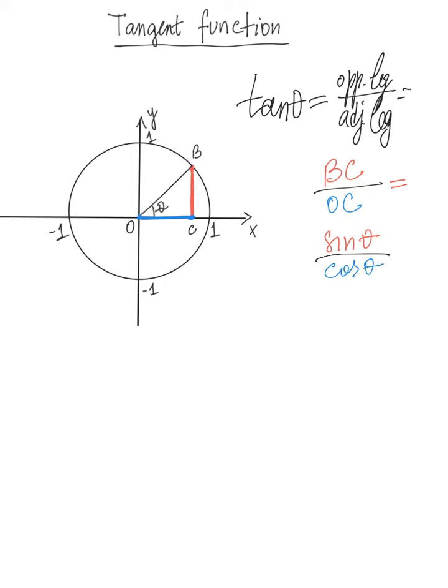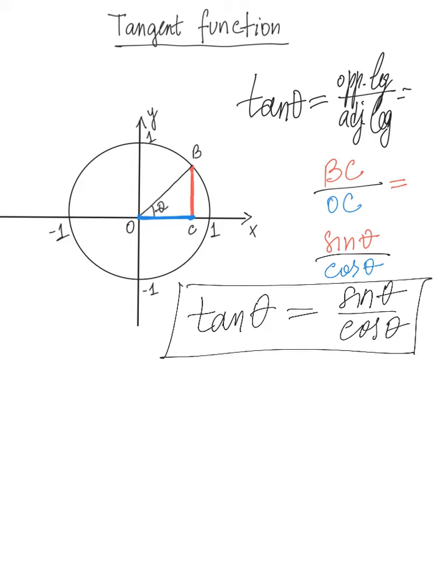So what we just showed is that tangent theta, for an acute angle at least, equals sine theta over cosine theta. This is a super important equation, and we can treat it as a definition of tangent actually.